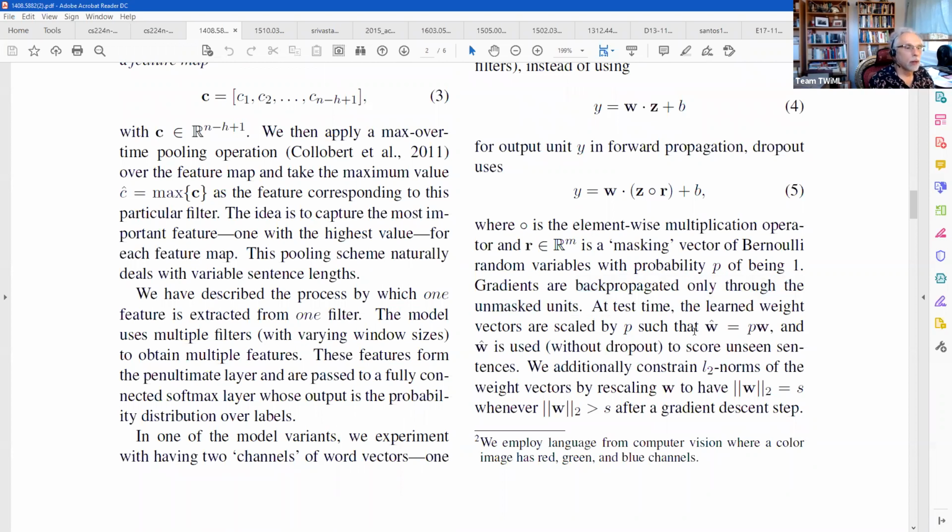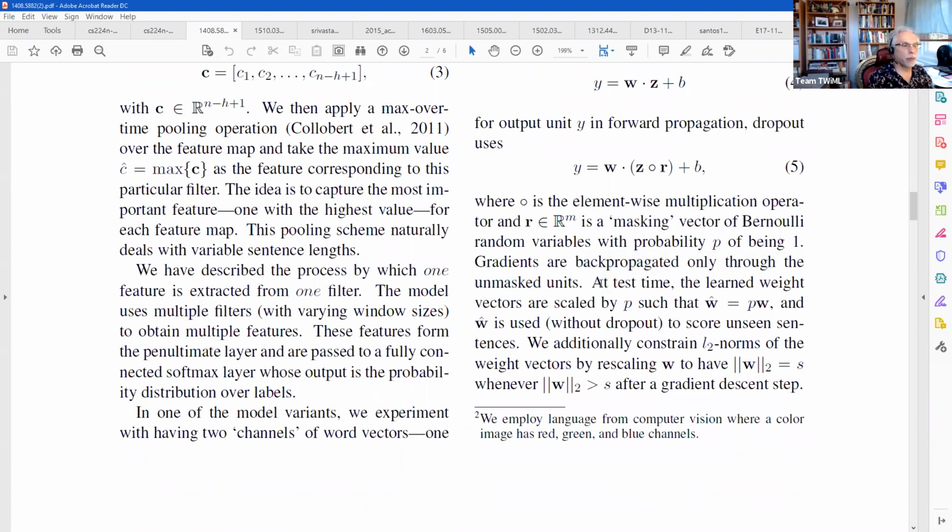That makes sense. At test time, we mentioned this, the learned weight vectors are scaled by P, so that you're comparing apples to apples from what you trained on to what you're predicting.